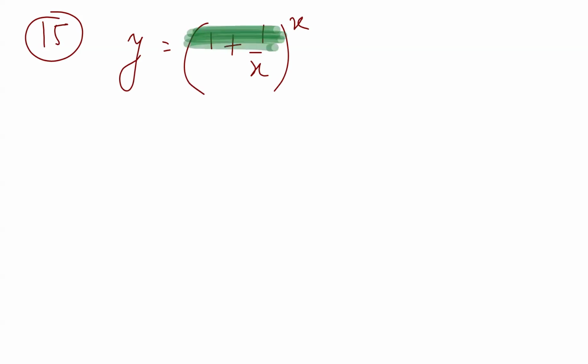So the question is y is equal to 1 plus 1 upon x, raised to x. So base is with x. This is the base. The base is with x term and power is also with x. So whenever we have base with x and power with x, we are going to apply logarithmic differentiation.